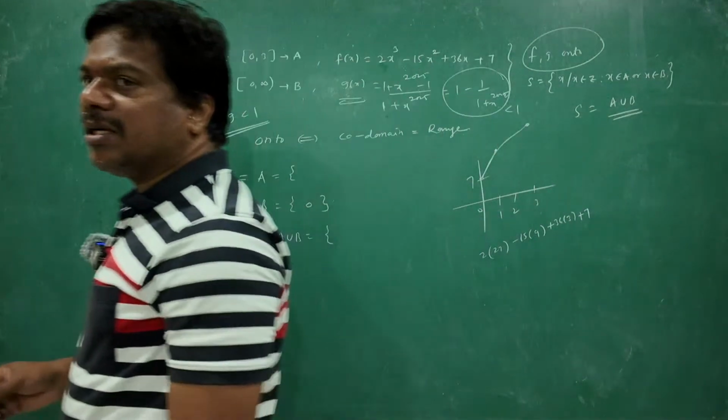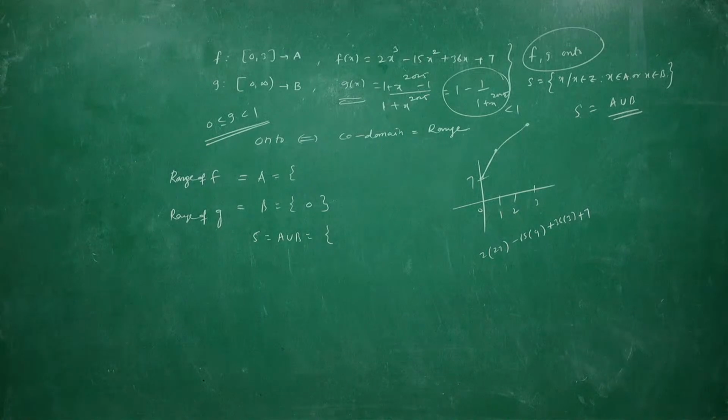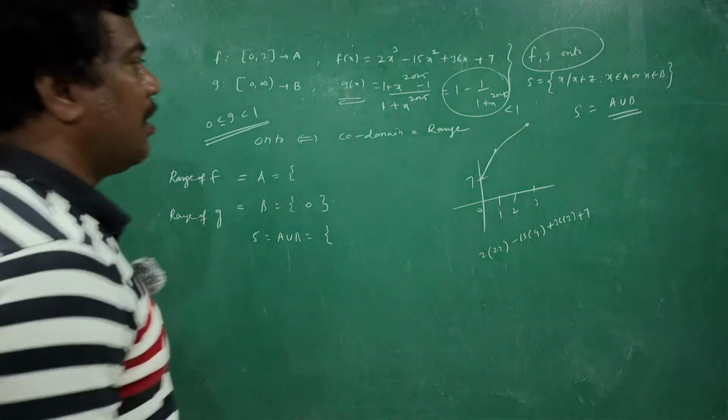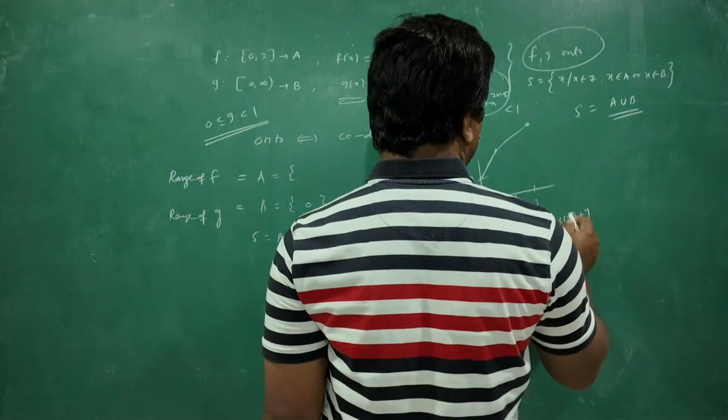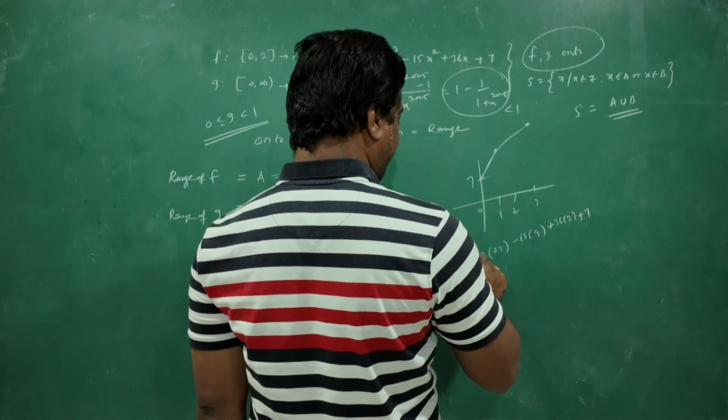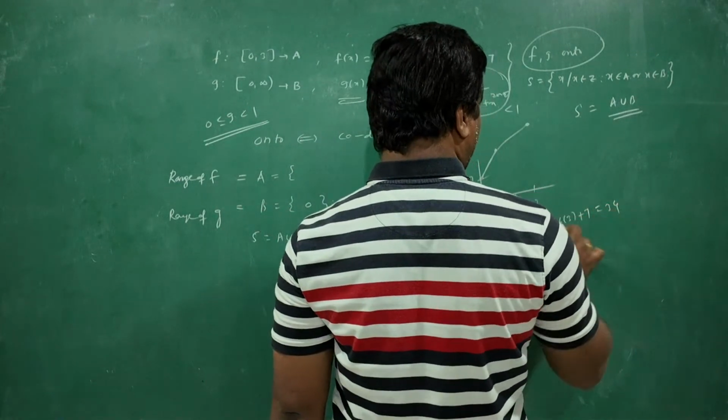So on simplification, the maximum quantity becomes 34. This is f of 3, it becomes 34.